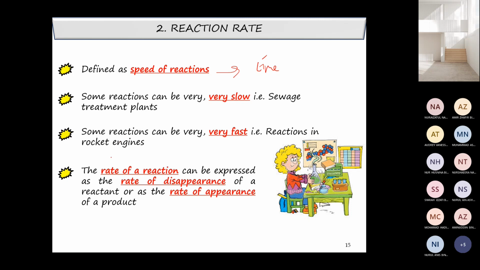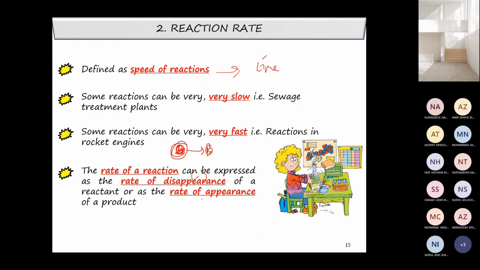So the rate of reaction can be expressed as the rate of disappearance of a reactant or the rate of appearance of a product. Which is disappearance of A, where A will convert into B, so it will disappear. Another one, B will appear, actually from the A. So rate of disappearance is usually negative, because it decreases.